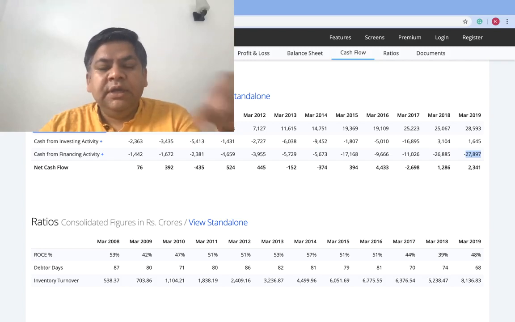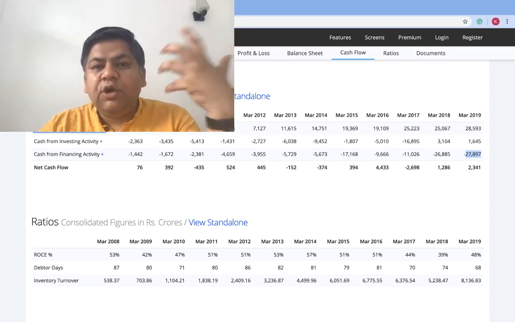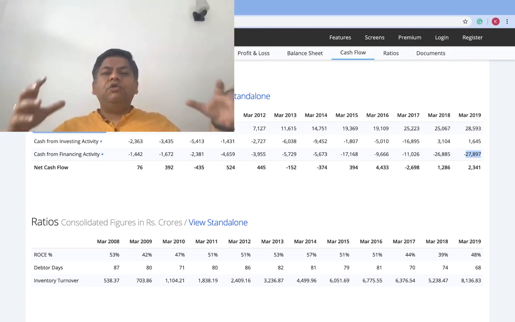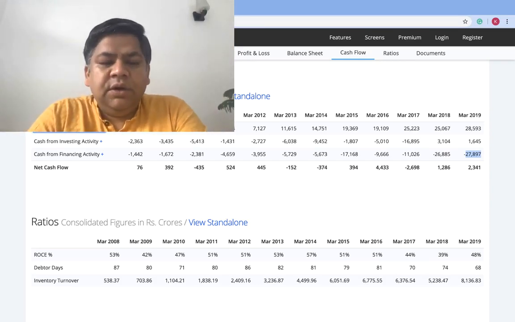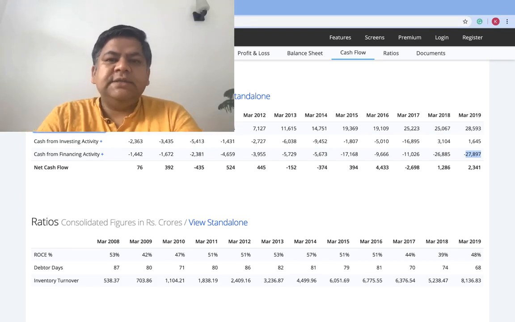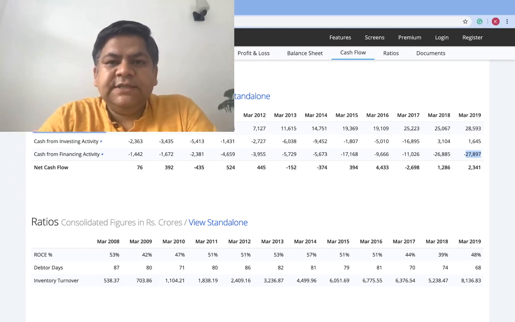It has to be optimum. Investment also needs to be optimum. You cannot go very aggressive in investment. Balancing needs to be there. So this is the conclusion of all the financial statement classes.